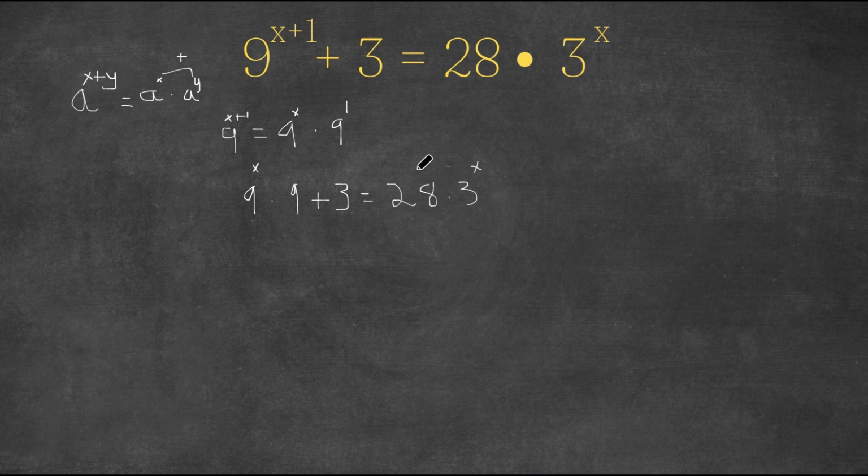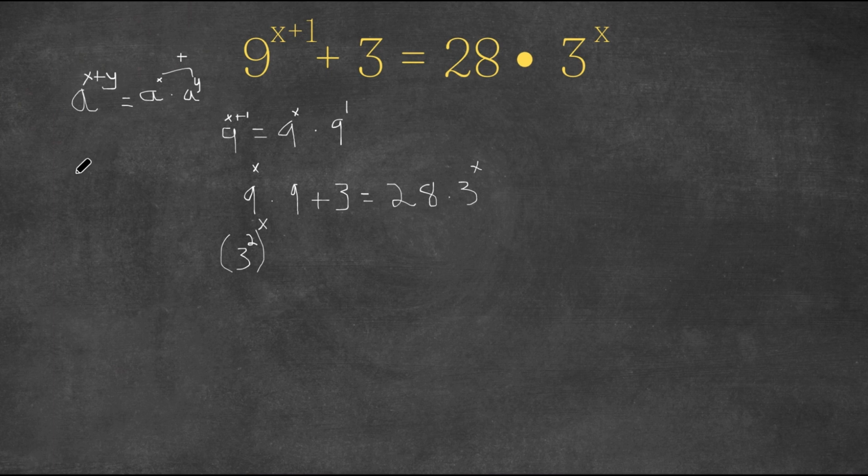So now we're going to change up our 9 to the power of x, and convert it to 3 to the power of 2, to the power of x. Because remember, 9 is equal to 3 squared.